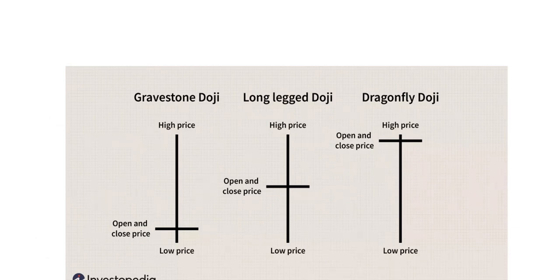So to me, the long-legged doji is very neutral. Well, maybe not very, very neutral compared to the short-legged doji. The short-legged doji is super neutral, because they were able to fluctuate the price up and down, but it closed at the same price that it opened usually.